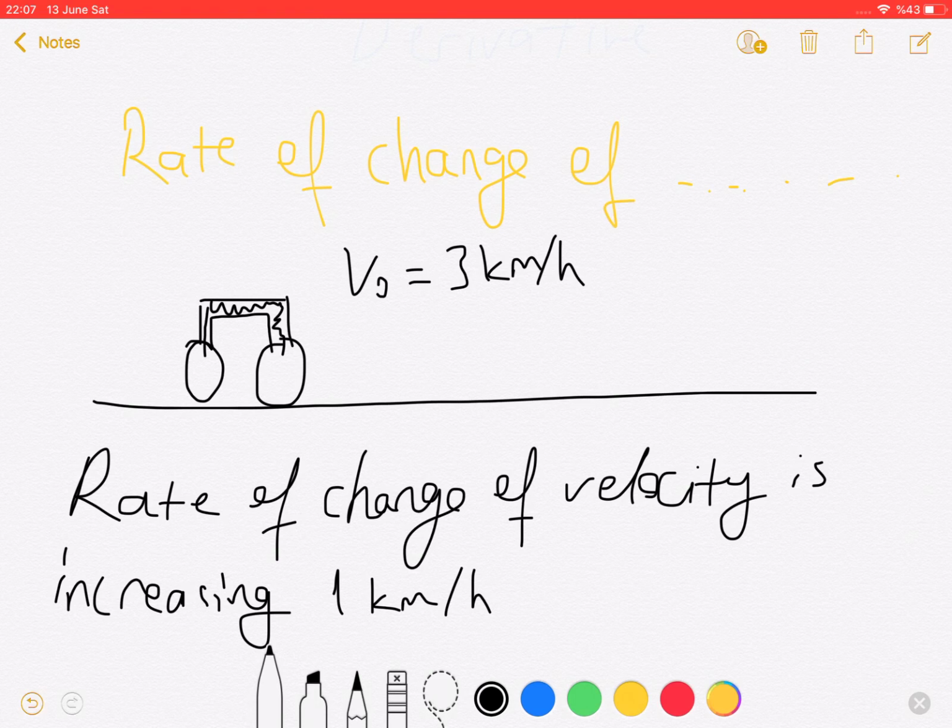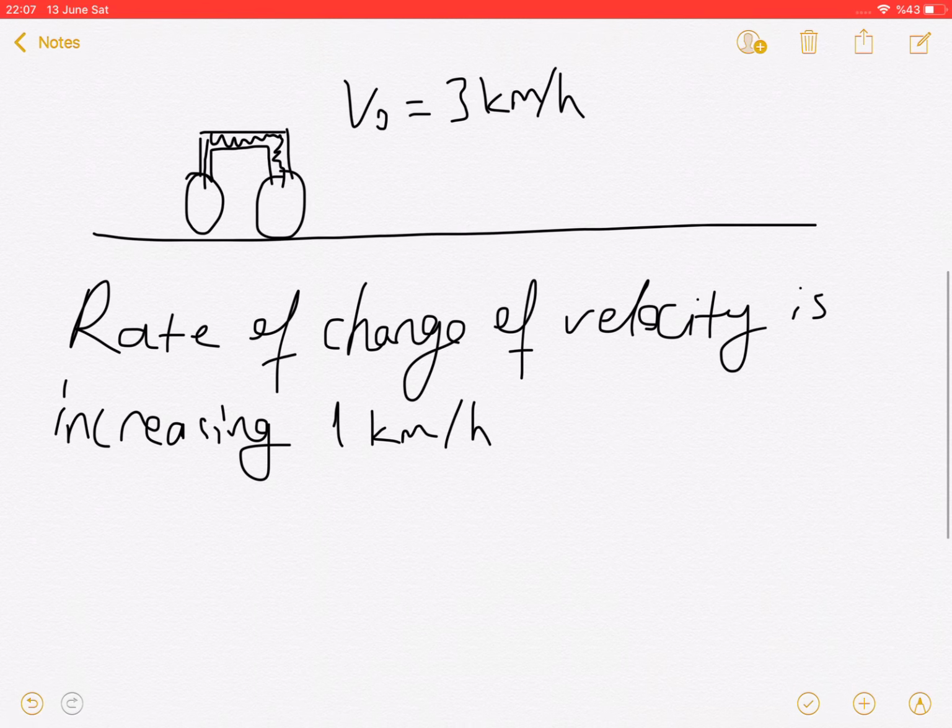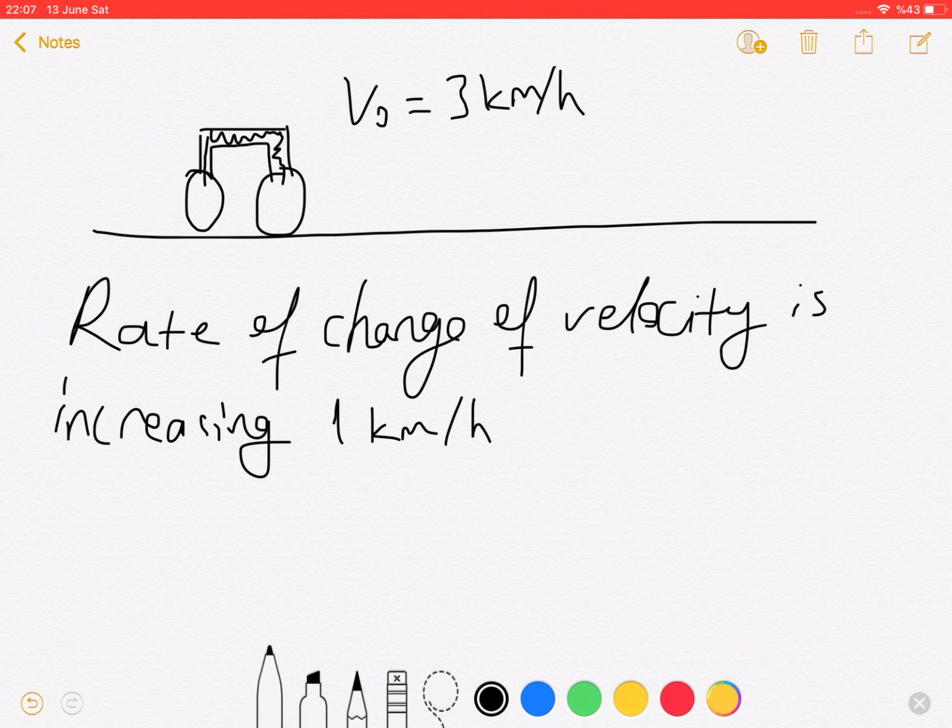So, per hour, my velocity increases by 1 kilometer. So, let's write it in a mathematical sense. At t equal to 0 hours, my velocity is equal to 3 kilometers per hour. That's the initial velocity. That's not a problem.